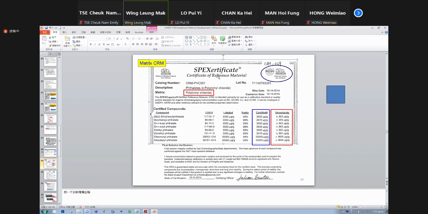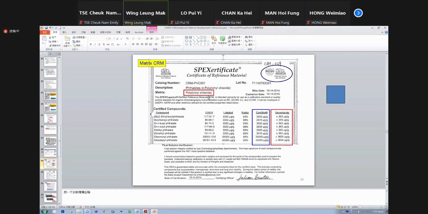In this CRM, the certified value is the concentration of those phthalates in this matrix.